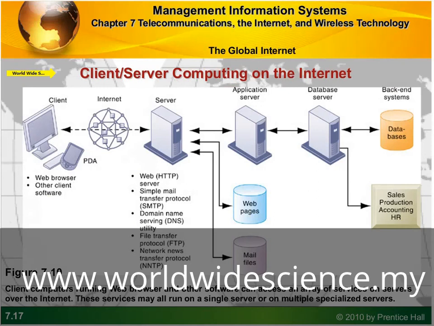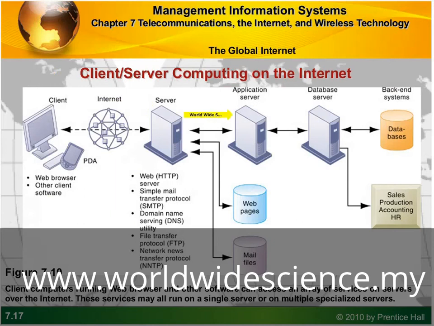In this illustration, you can see client computers running a web browser and other software accessing an array of services on servers over the internet. These services may all run on a single server or on multiple specialized servers.